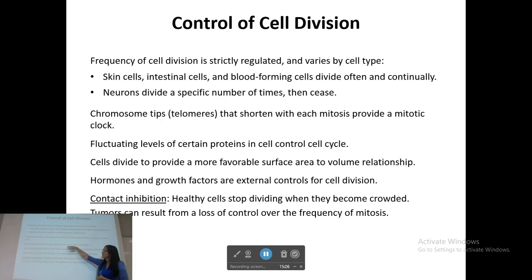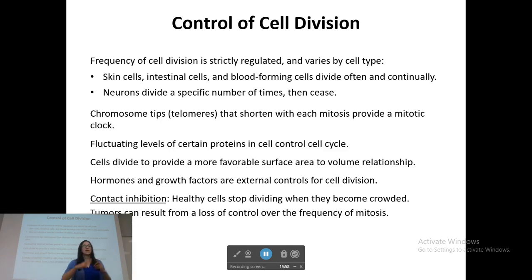Okay? Different levels of proteins in the cell are going to control the cell cycle. So there are different enzymes in there that are going to be acting. Cells divide to provide a more favorable surface area to volume ratio. That's important in that the cell has to be able to get all of the needed materials into the cell through the cell membrane.